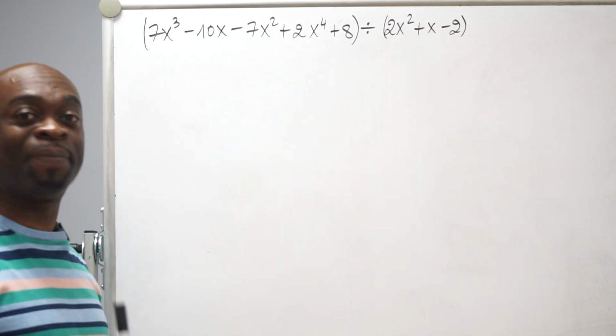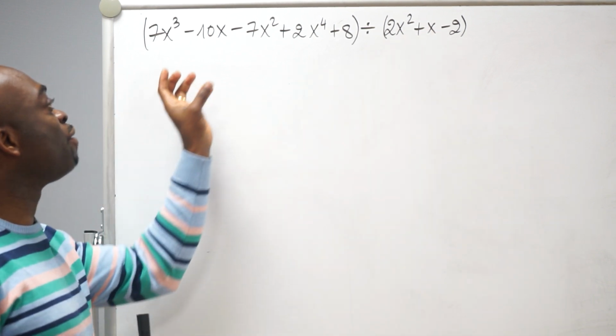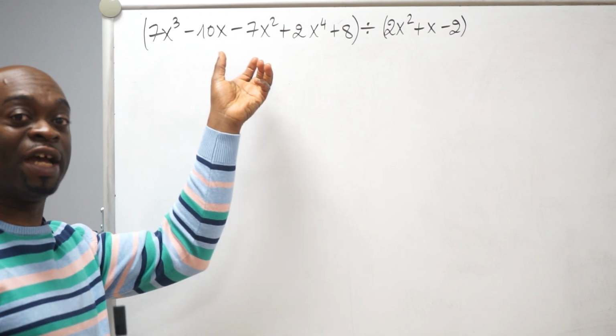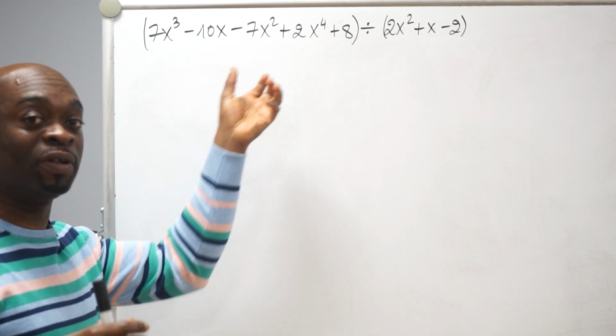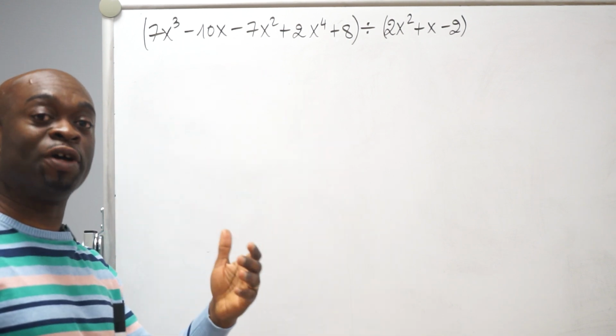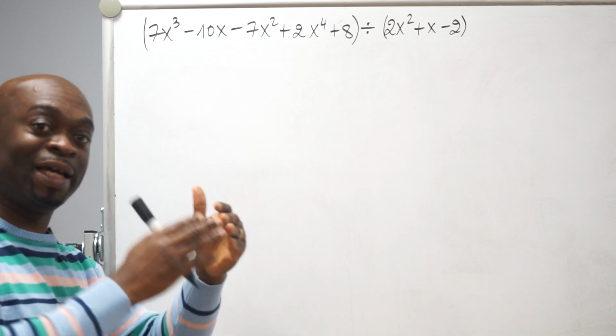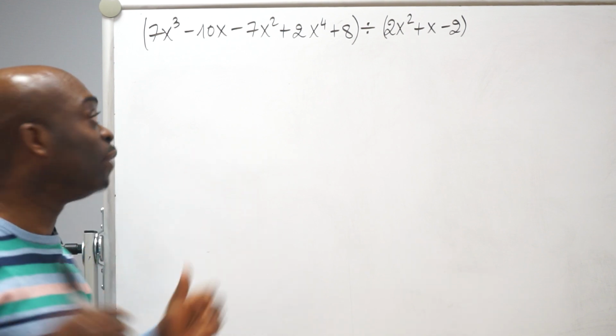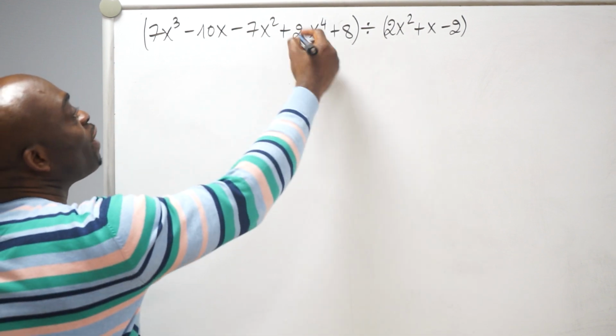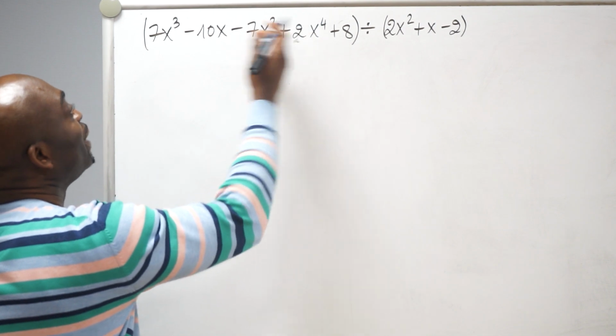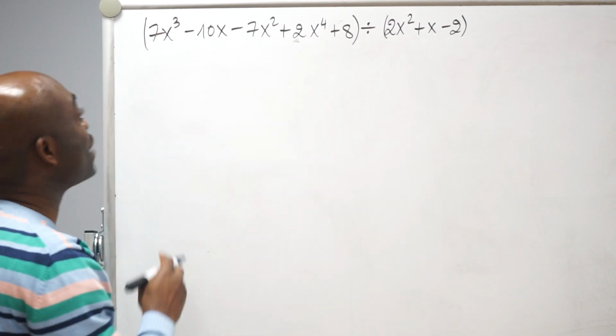So basically, you have to rearrange the polynomial first in descending order, meaning the highest power first, and then you go gradually down, okay? So this one has to come first, and then everybody else after that.